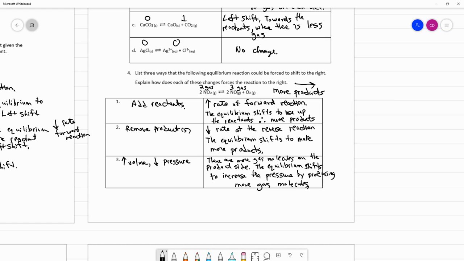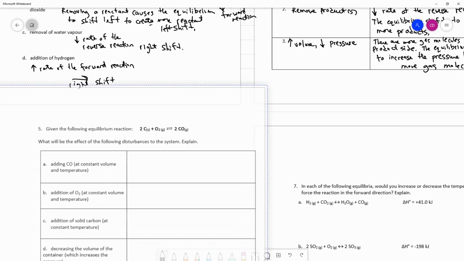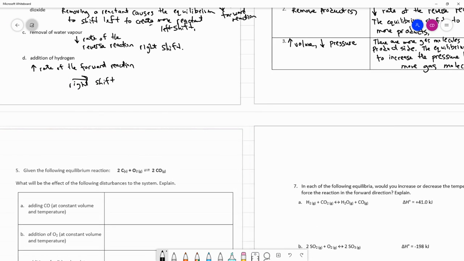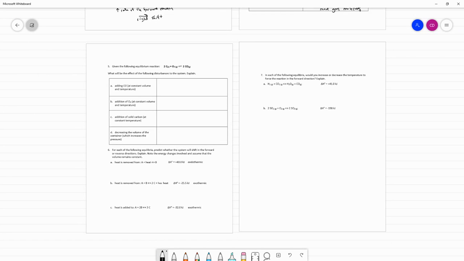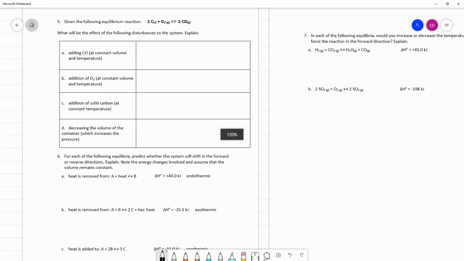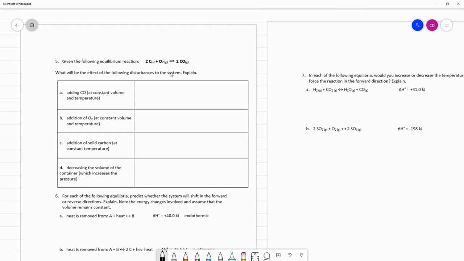Okay, so those 3 effects. Let's have a look at number 5. Given the following equilibrium reaction, what will be the effect on the following disturbances? So we have carbon. Notice that that's a solid, and oxygen combining to form carbon monoxide.